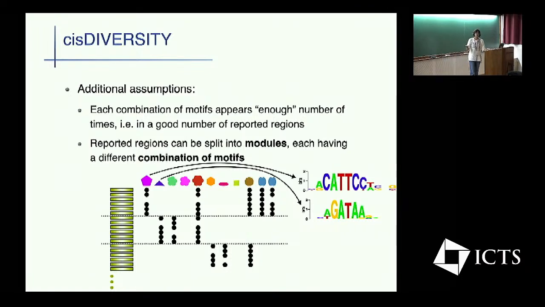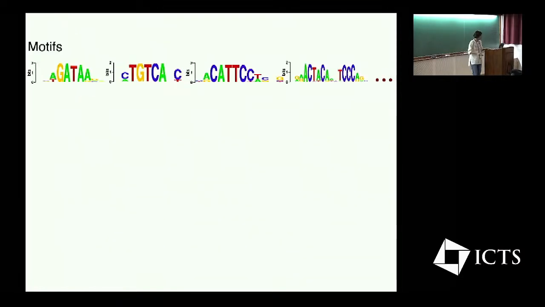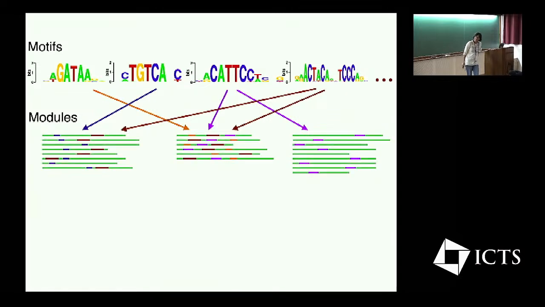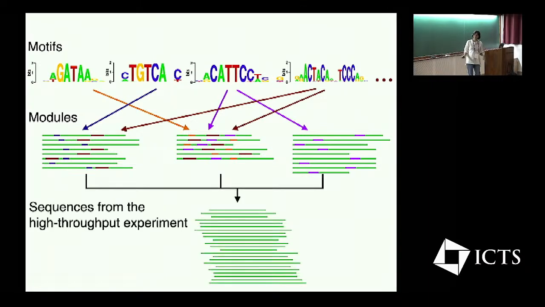If you think about it, at one level you have motifs. Combinations of those motifs are making your modules, and every type of combination has many instances, many examples in your data set. All you have is this set of examples together. You just don't have any of this.